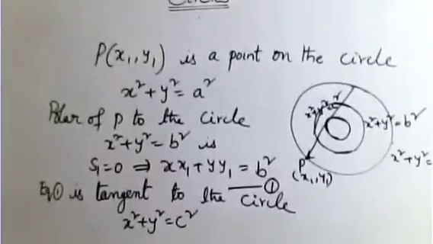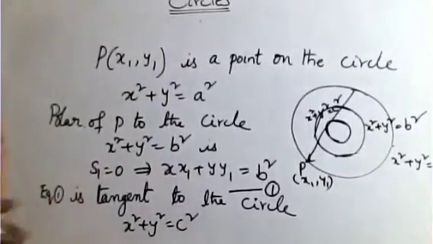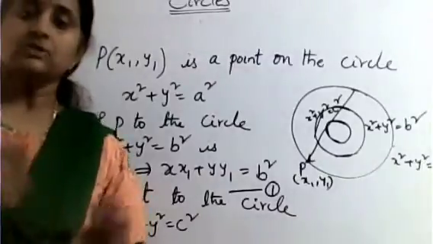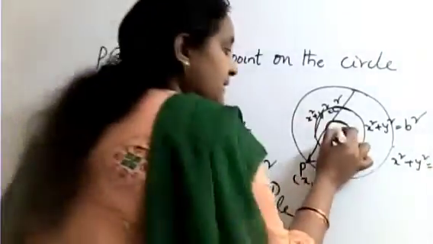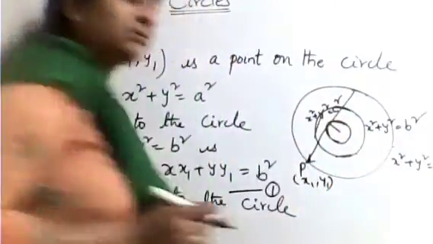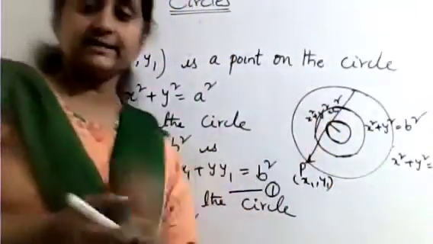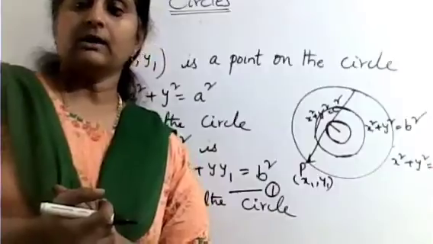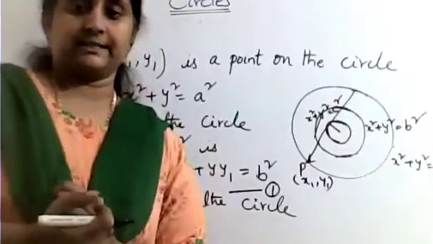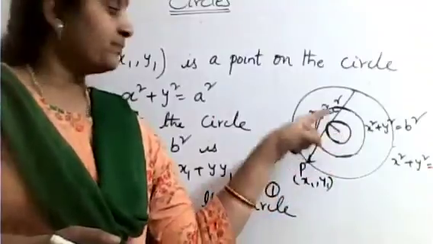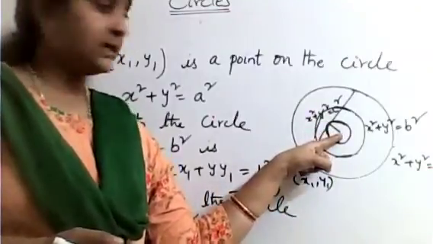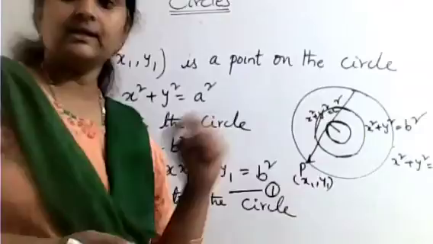If it is a tangent, the perpendicular distance from the center of the circle to the tangent is equal to the radius.